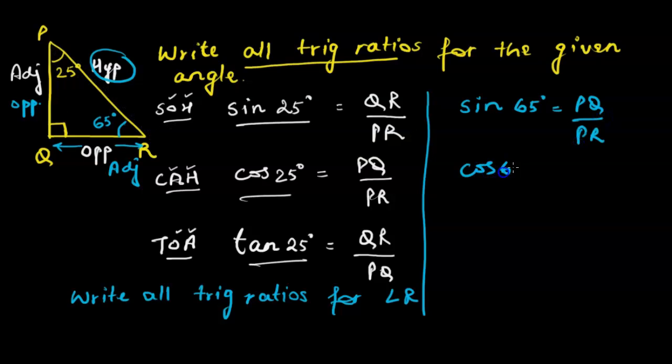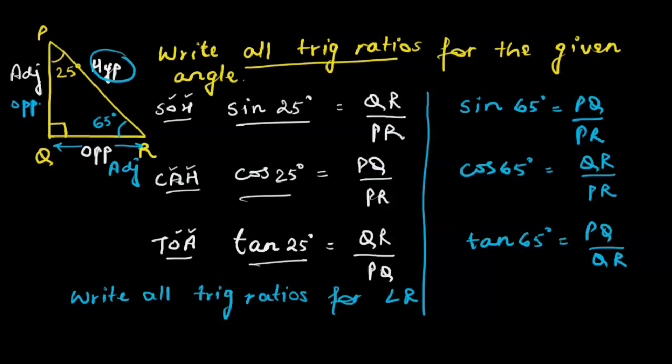Similarly, cos 65 degrees would be adjacent, which is QR, over hypotenuse PR, and tan 65 degrees would be equal to opposite over adjacent. So opposite for 65 is PQ and adjacent is QR. Therefore, we get PQ over QR. And this is how we write down the trigonometric ratios.